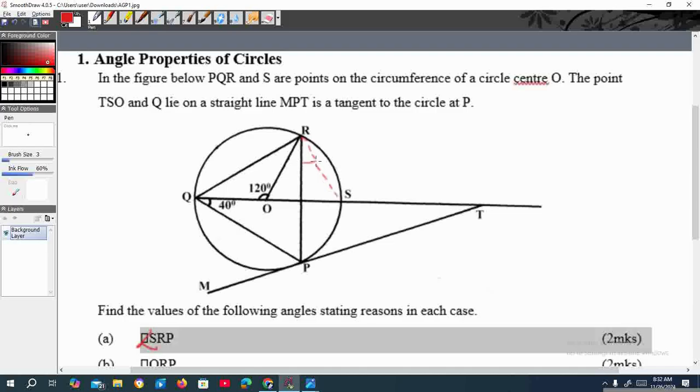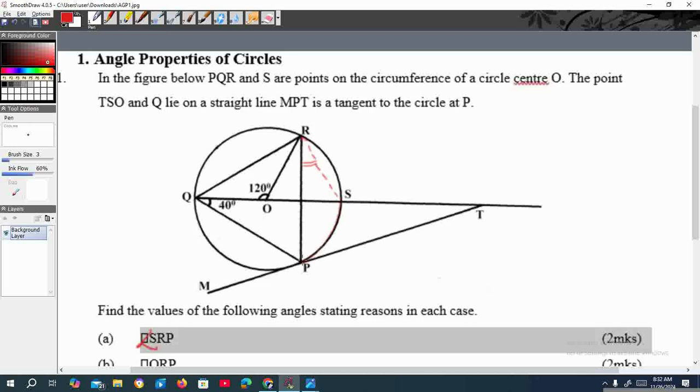This is the angle we are looking for. So if we look at this angle, SRP, it is made on the circumference by the arc PS.